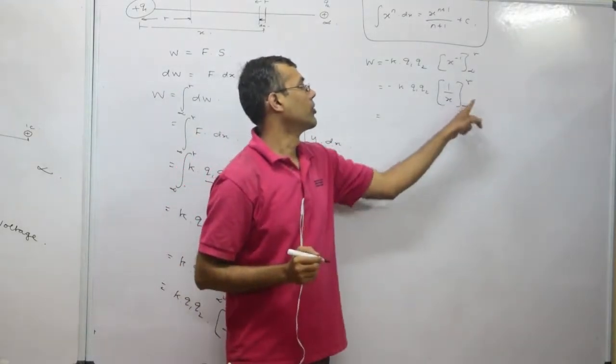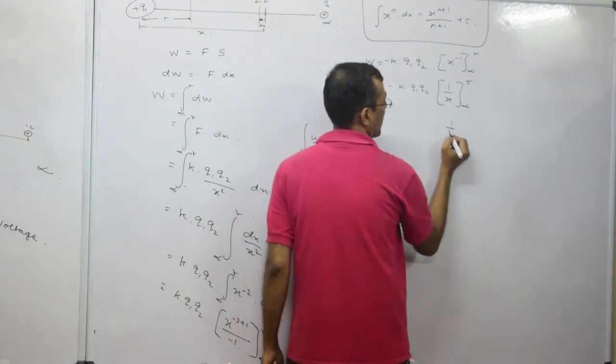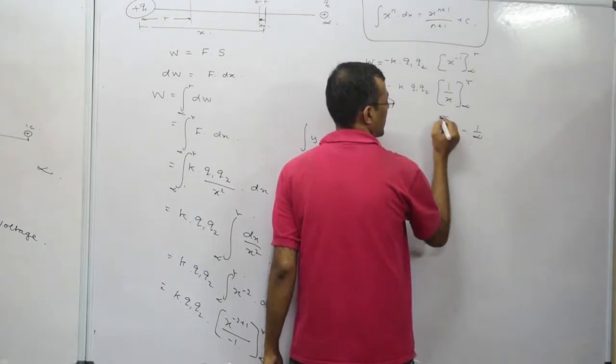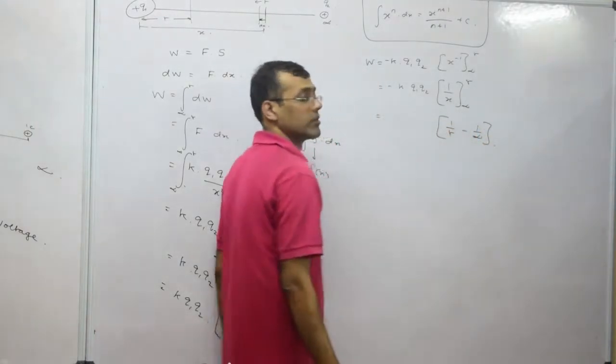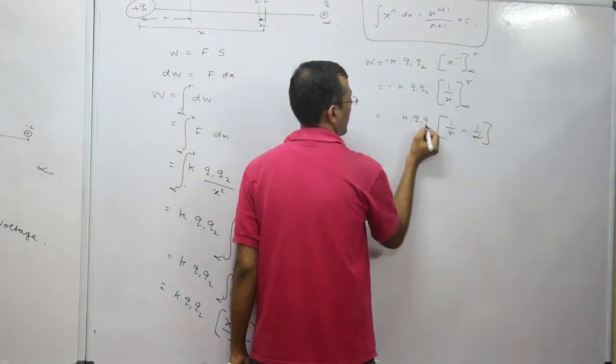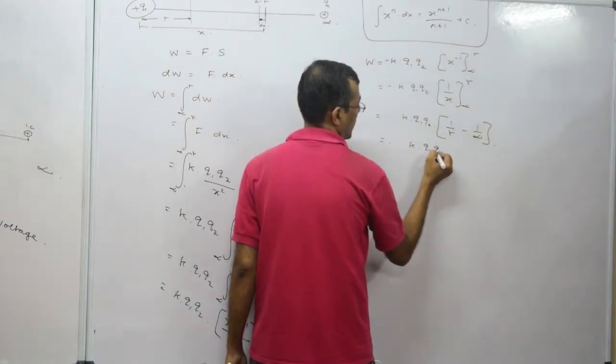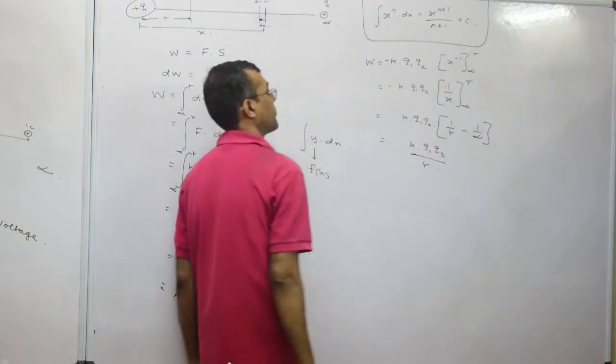So what can you say about here? Upper limit minus lower limit. So 1 by R minus 1 by infinity. What is 1 by infinity? 0. So it will be K Q1 Q2 by R.